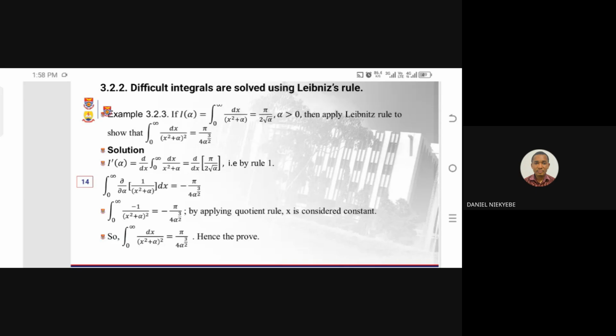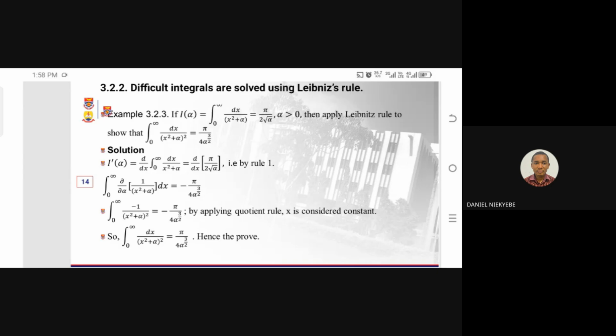When you differentiate, the power, you reduce it by 1. When you reduce it by 1, it will become negative 3 over 2. Are you getting what I'm saying?